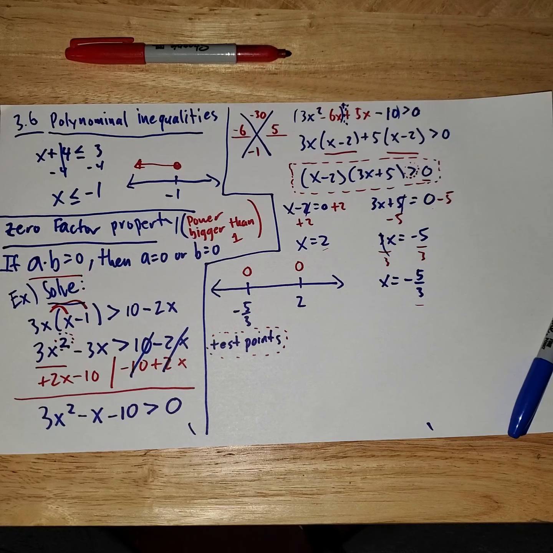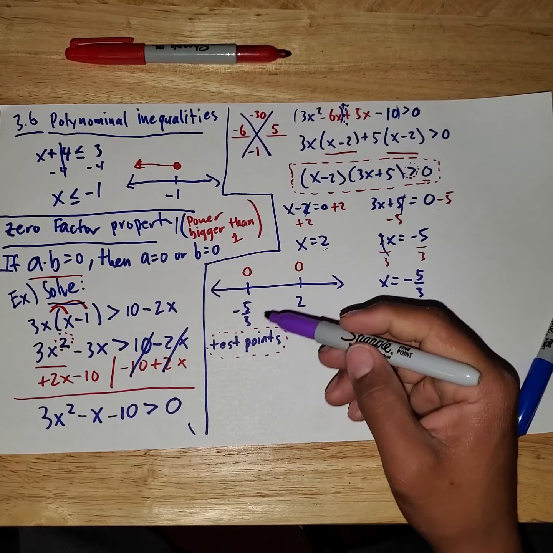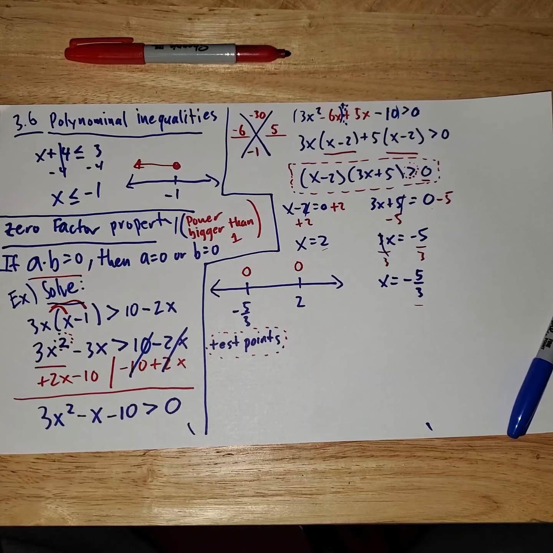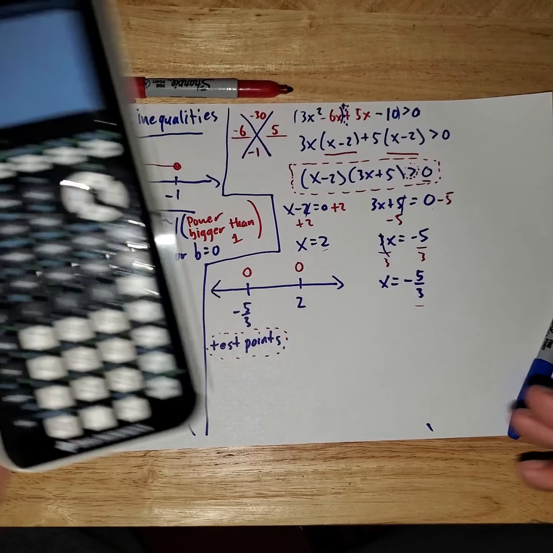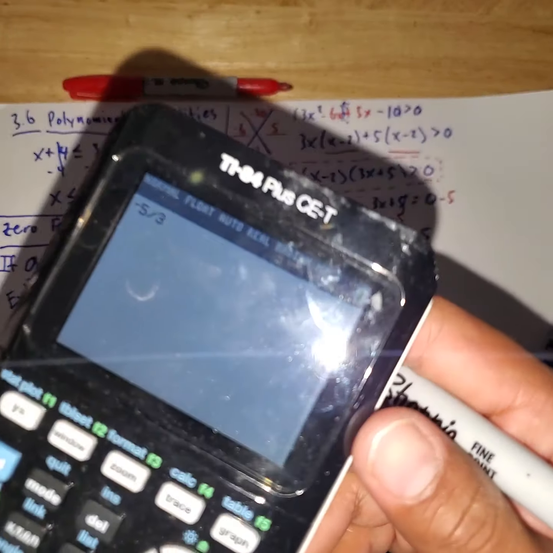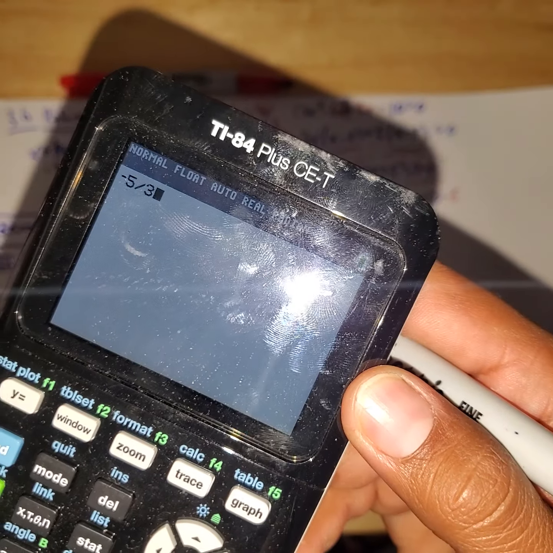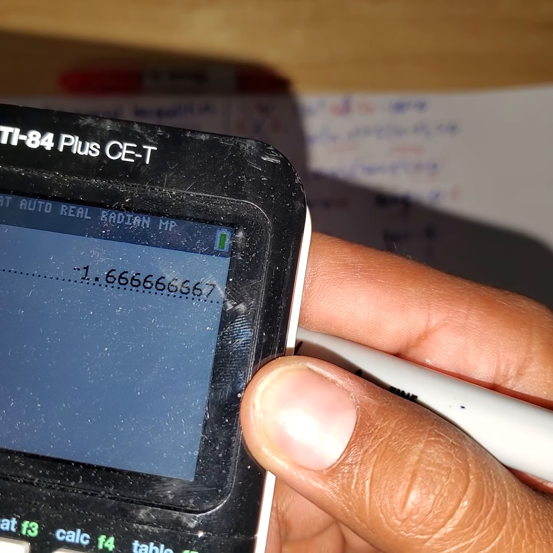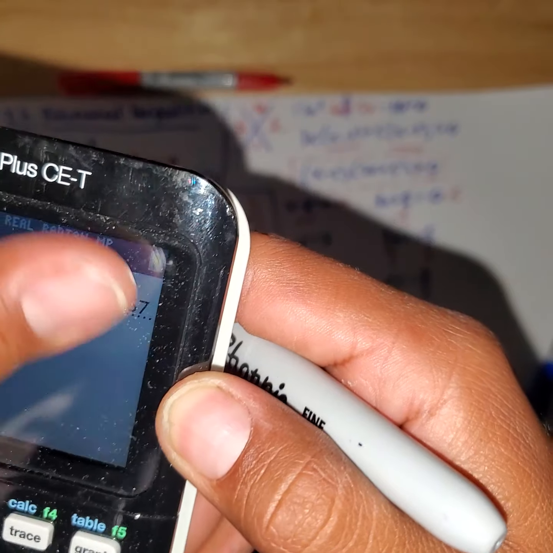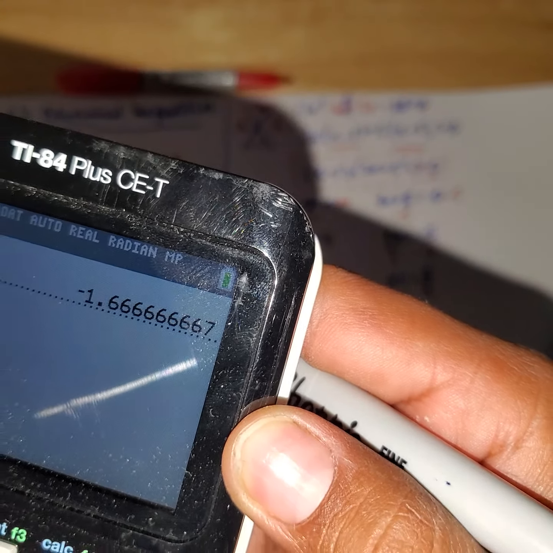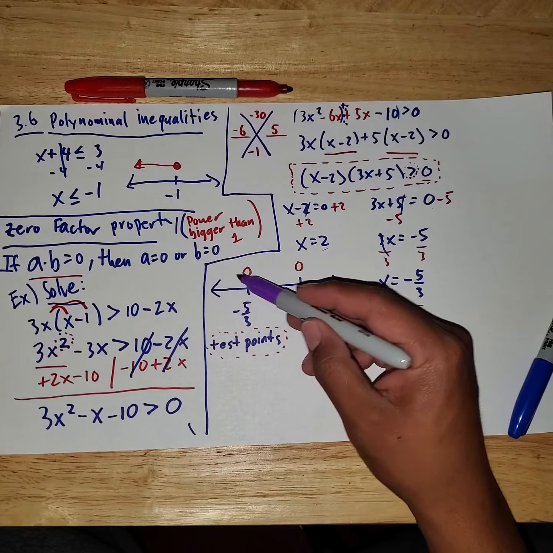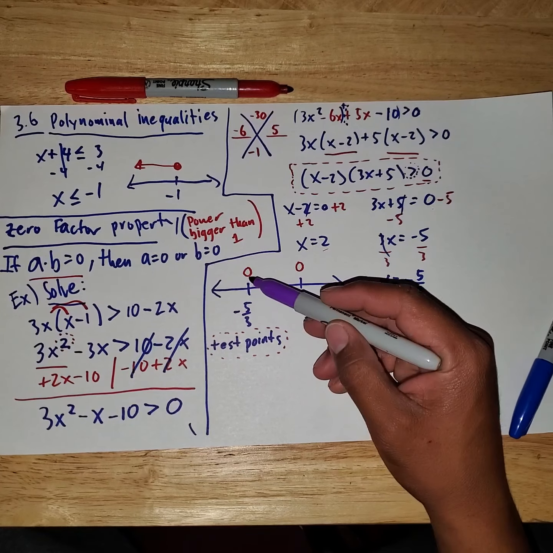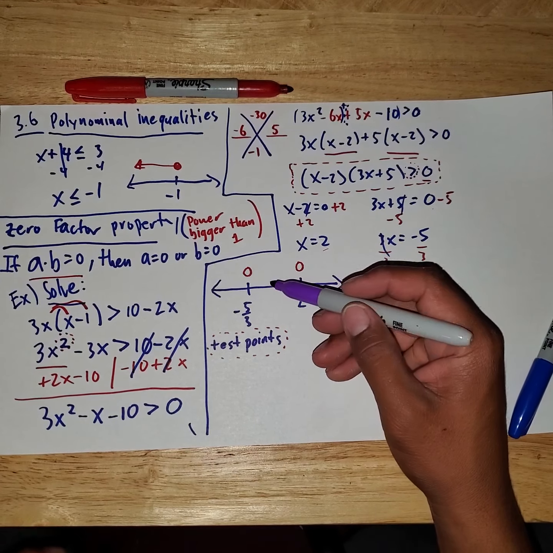So you can try using your calculator if you have one. The reason why I'm saying that is that if we think about what 5 over 3 is, on your calculator, negative 5 over 3 is equal to approximately negative 1.6. The reason why that's important is because that means the numbers on this side are going to be much smaller than negative 1.6.